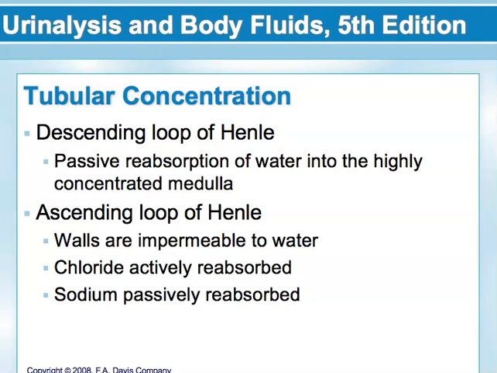Tubular concentration. Water is removed by osmosis in the descending loop of Henle due to the high concentration in the renal medulla. Then sodium and chloride are reabsorbed in the ascending loop. The walls of the ascending loop are impermeable to water, and that's to prevent the excessive reabsorption of water.